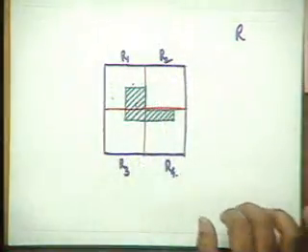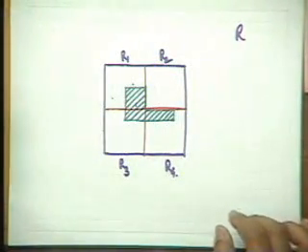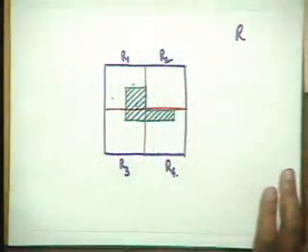None of them are fulfilling. R2 is fulfilling, yes, very correct. R2 fulfills the property that P(R2) is true, because all the pixels belonging to this region R2 have similar intensity value, or the same similarity measure. The same similarity measure is there for R2, so definitely R2 should not be segmented further. R2 has already been obtained as a segment.